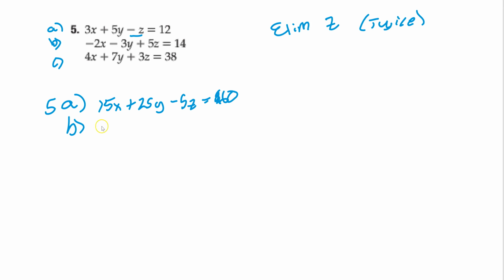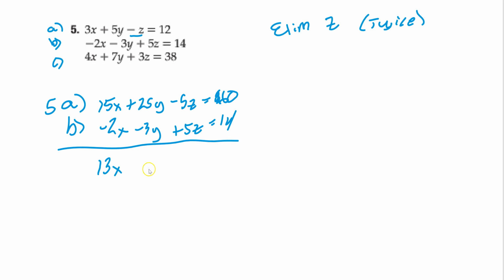I'm going to keep the second row the way it is, negative 2x minus 3y plus 5z equals 14. I'm going to add them up. This is 13x plus 22y, z gone, equals 74. So that's the first two.